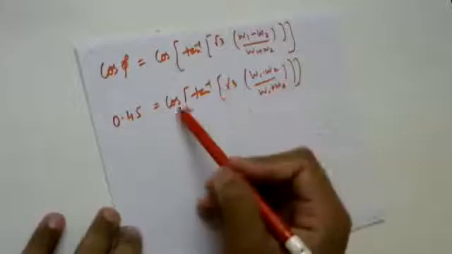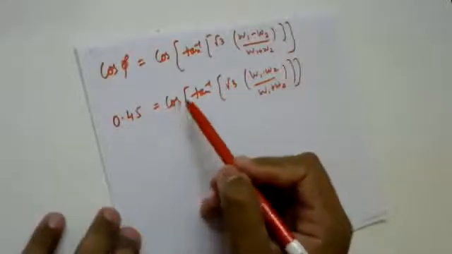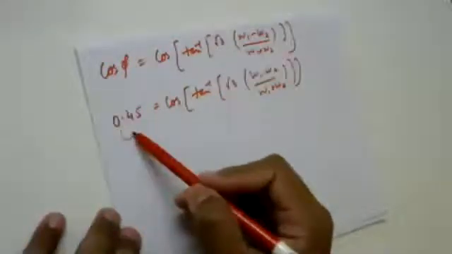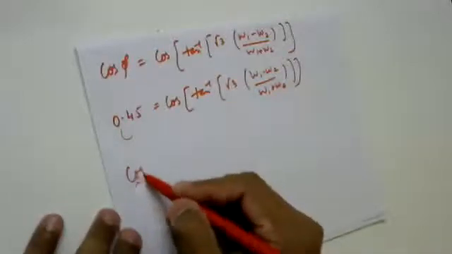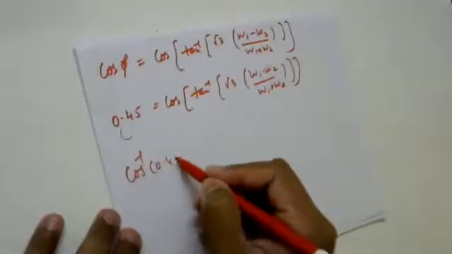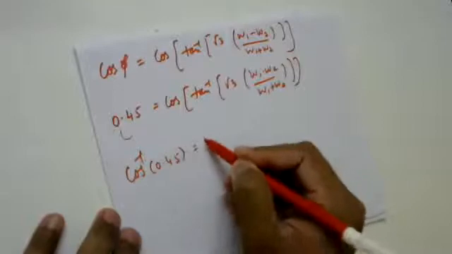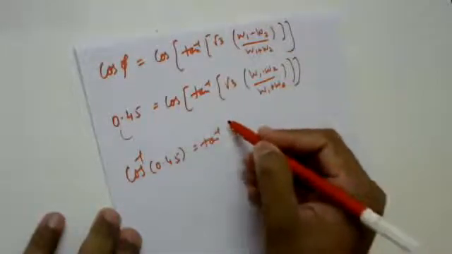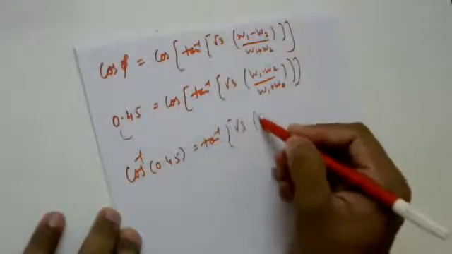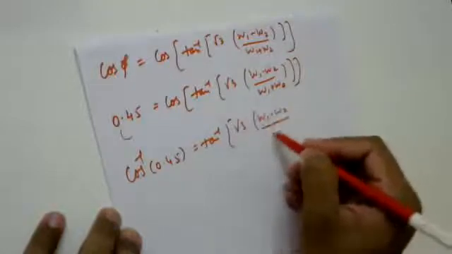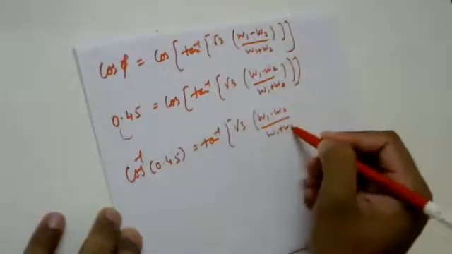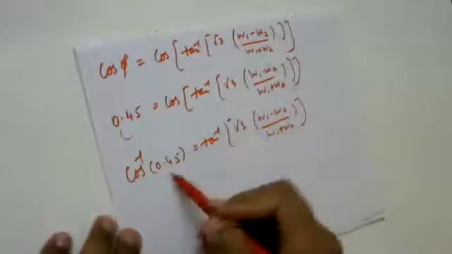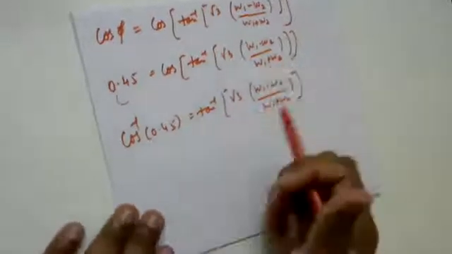Now I'll take this cos from the RHS to the LHS. So cos inverse of 0.45 is equal to tan inverse of root 3 into (W1 minus W2) divided by (W1 plus W2). What's the answer of cos inverse of 0.45?